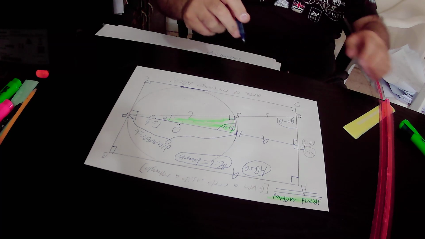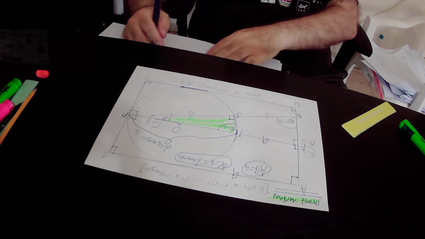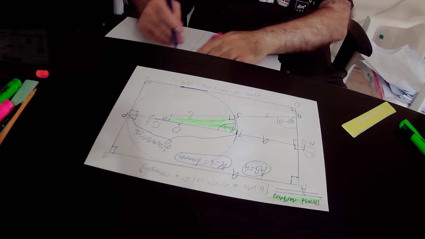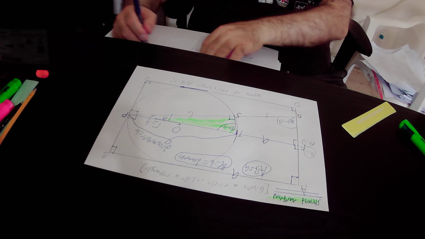And from the fact that the green triangle is similar to the big right triangle, we derive that the following relationship exists between their sides.